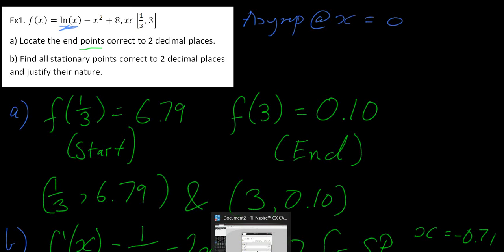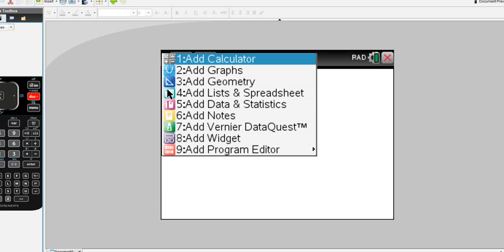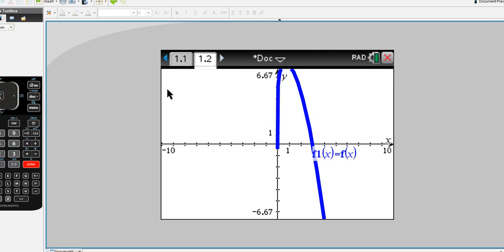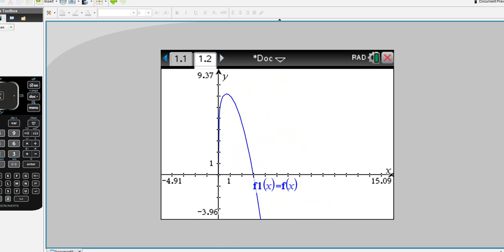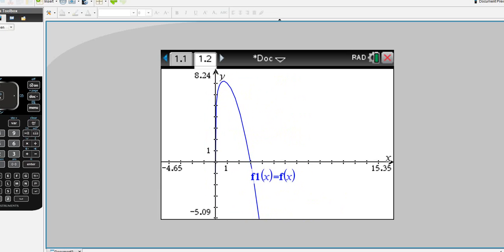Just to demonstrate what this means on a graph, it may look a bit clearer. So I'm just going to draw the graph real quick. Drawing the graph of f of x. Drawing the graph sometimes actually tells a lot of stories.